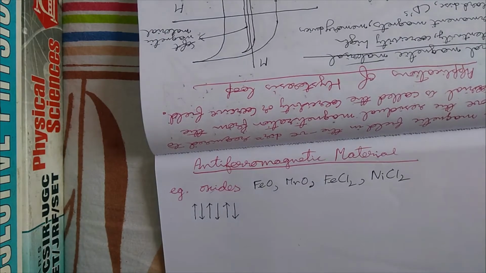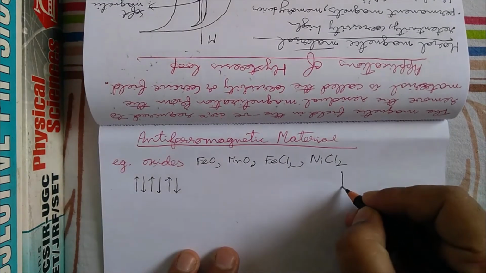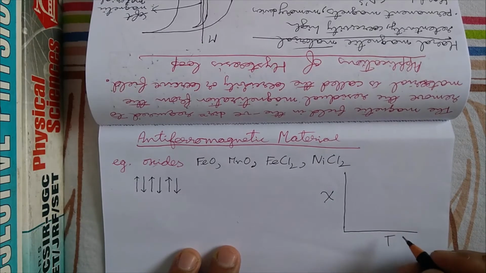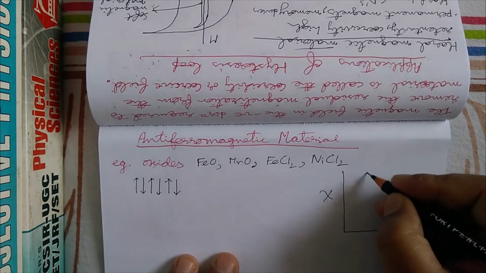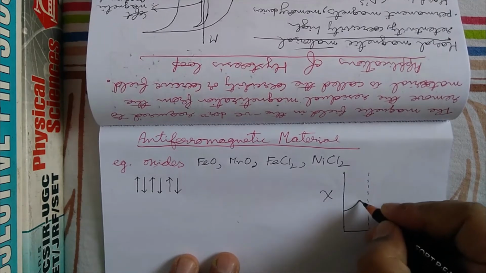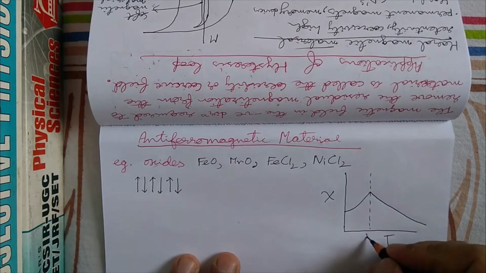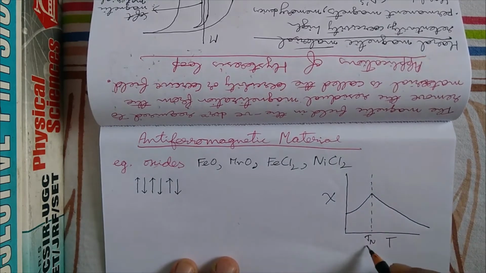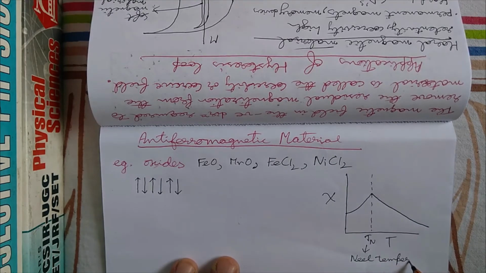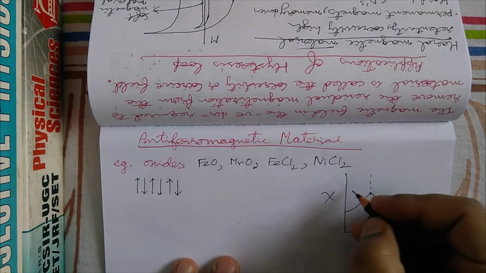If you draw the susceptibility versus temperature graph, it looks like this. This is called the Néel temperature, Tn. What is the Néel temperature?